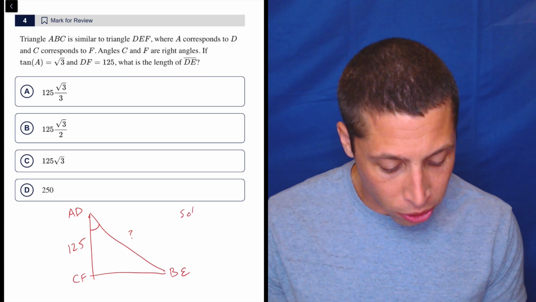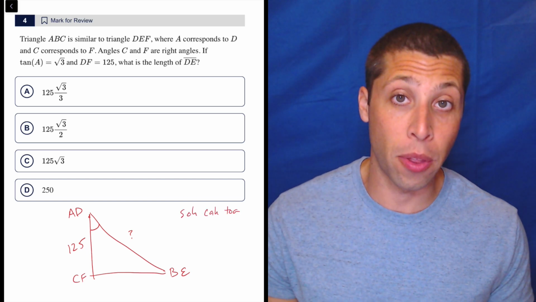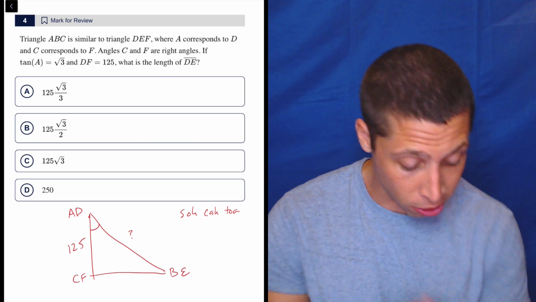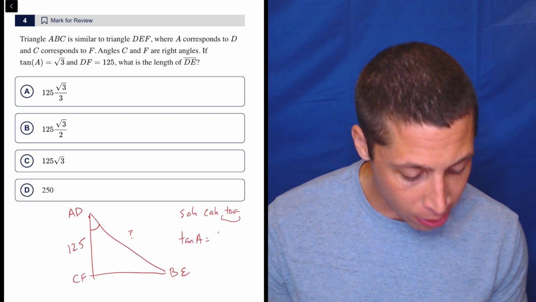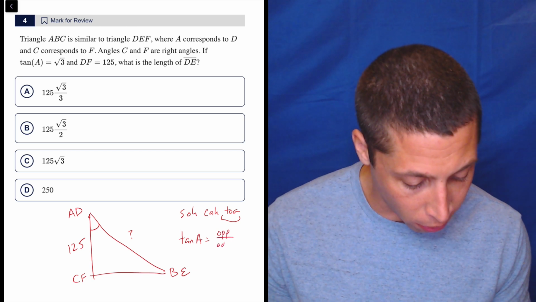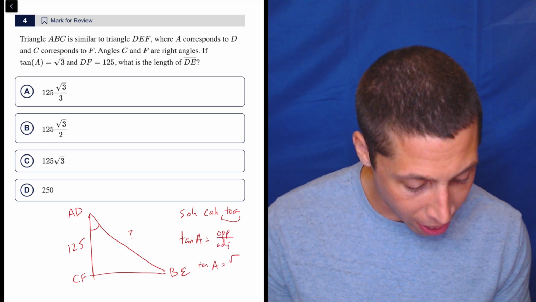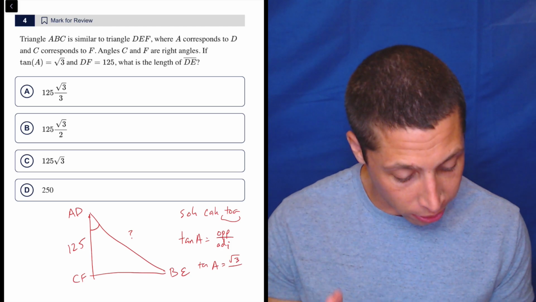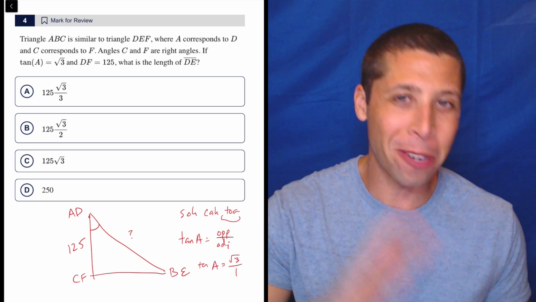So SOHCAHTOA might come in handy here. SOHCAHTOA, that's the way we're supposed to remember the different trigonometric functions. So we're looking at TOA, tan. So tan of A is equal to the opposite over the adjacent. So tan of A is going to be radical 3. And I know it doesn't look like a fraction, but remember, you can make any number a fraction by putting it over 1.